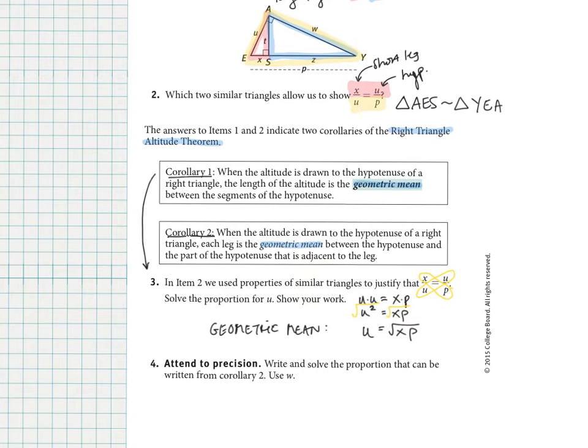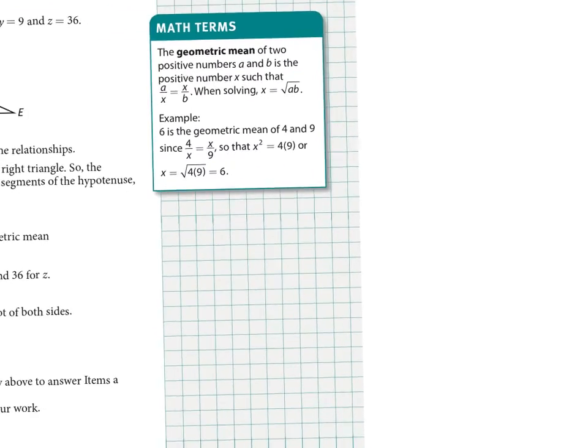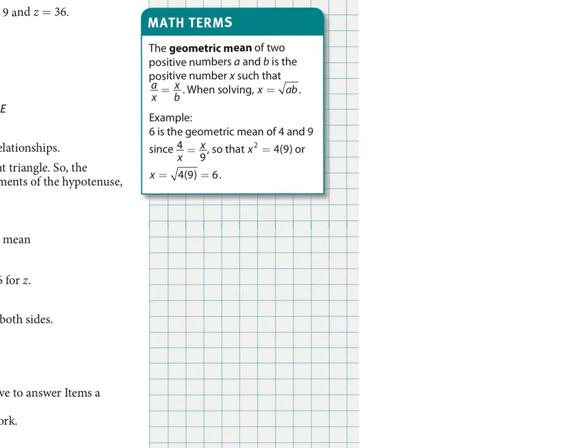In order to help us out with this, we're going to go to the next page, and look in the margin where it says geometric mean and talk about that example. So we are on the next page. We are going to zoom in to geometric mean right here.